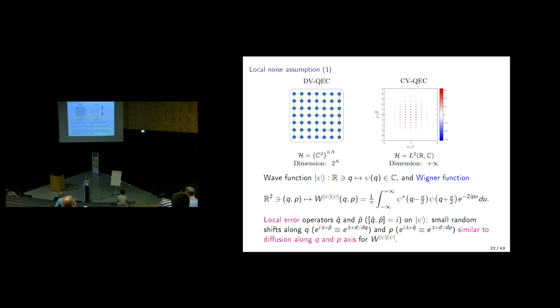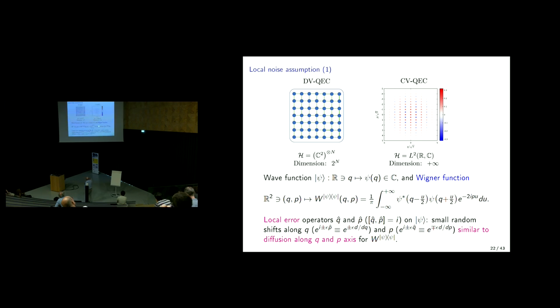In this case, you can imagine this is the Wigner function. So this corresponds in a certain sense to the state of your harmonic oscillator. And here you can imagine that the noise is something which is a small deformation of W, the Wigner function, which means it is a differential operator. It is something which is local in the phase space. Here you have Q, here you have P, and you are in the phase space. Okay.